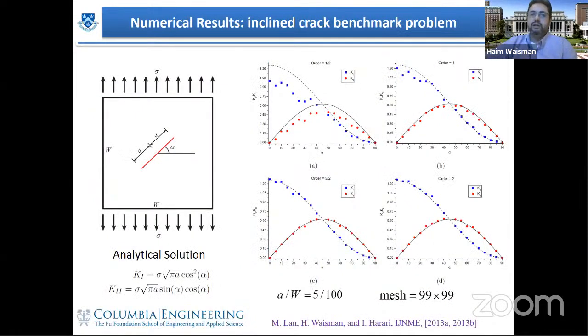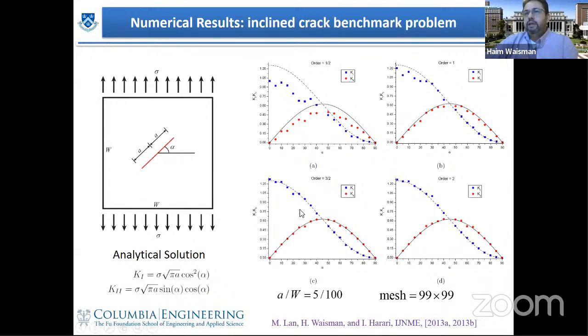Some results first. If we consider a typical inclined crack as shown here, the plate is pulled. What I'm plotting here are 4 different graphs. In each graph, there are 2 curves, one for K1, one for K2, corresponding to different alphas.